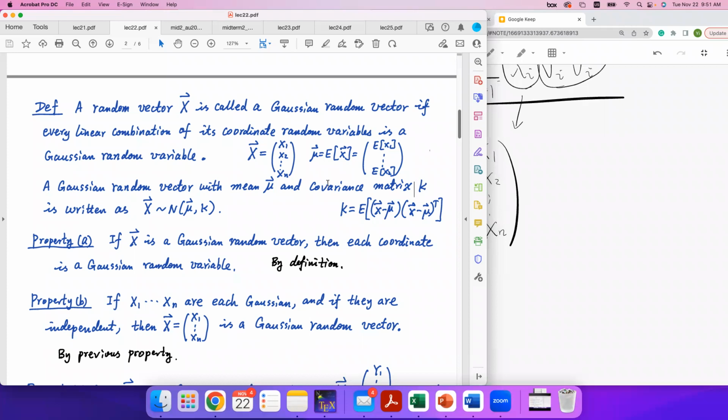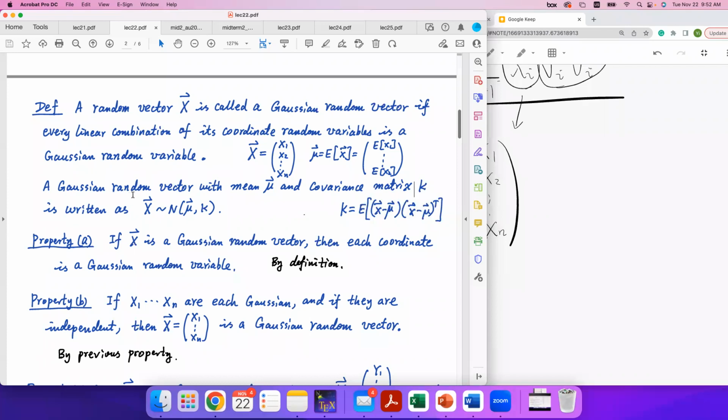But because we are looking at random vectors, we need to consider the autocovariance matrix, which we denote as K. By definition, it is given by the expectation of this matrix. So this is the autocovariance matrix.